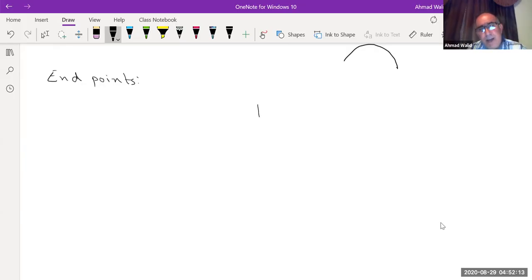Let me again graph a function for you. Point B, point A. Now, on which interval is this function continuous?